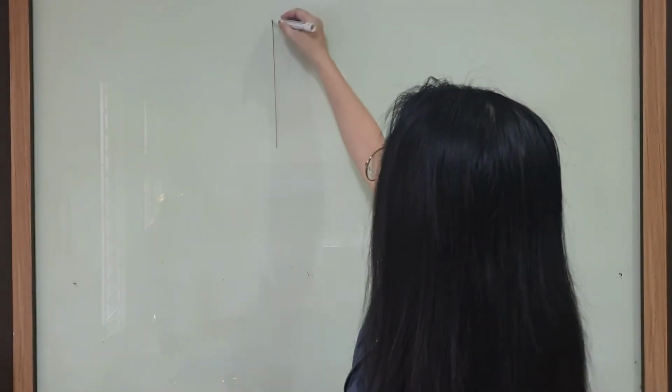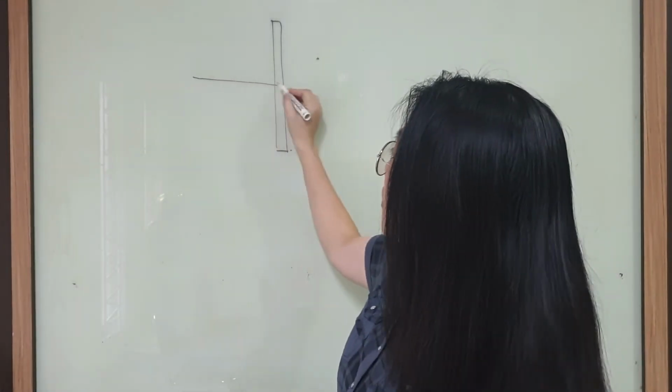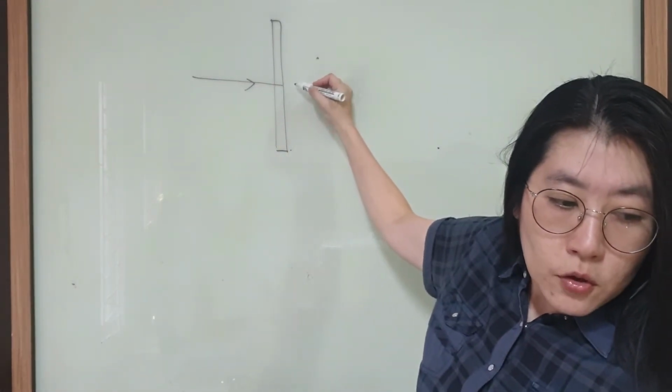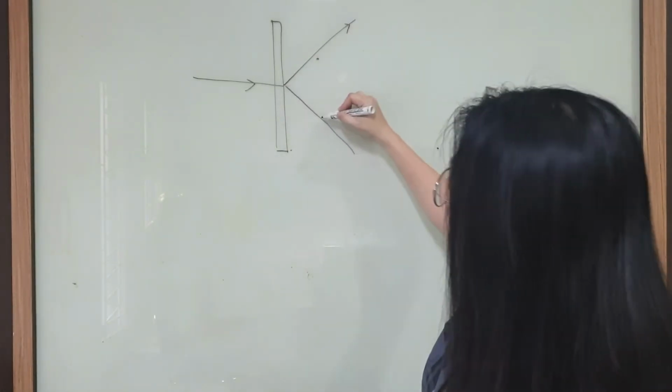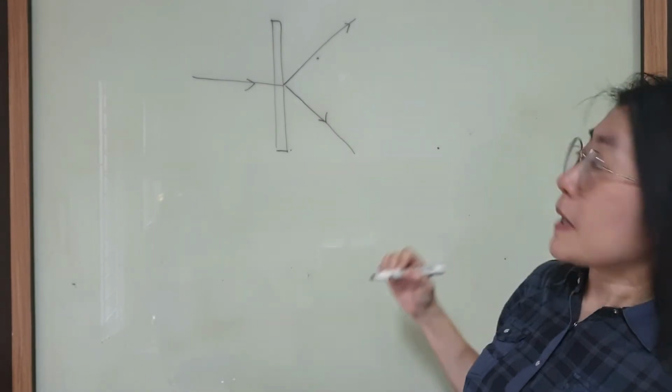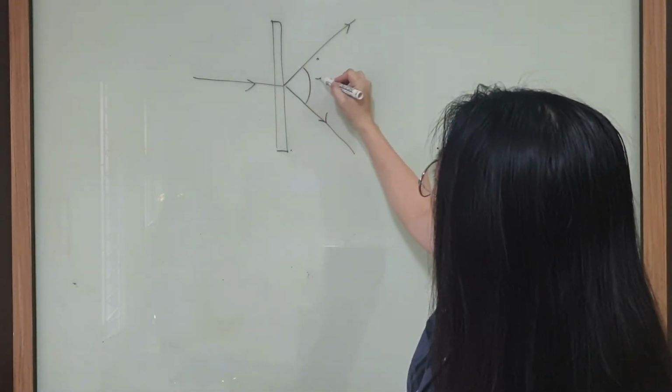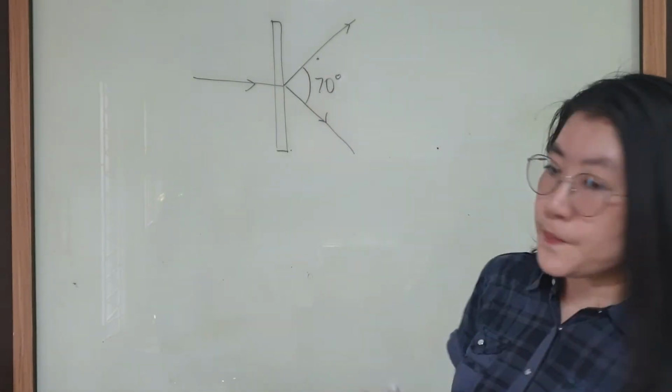Now I will continue to discuss number 8 about diffraction grating. Number 8, a diffraction grating is used to measure the wavelength of monochromatic light, and you are given a diagram. This is the monochromatic light, and the first order maximum and the other first order maximum are forming an angle of 70 degrees.